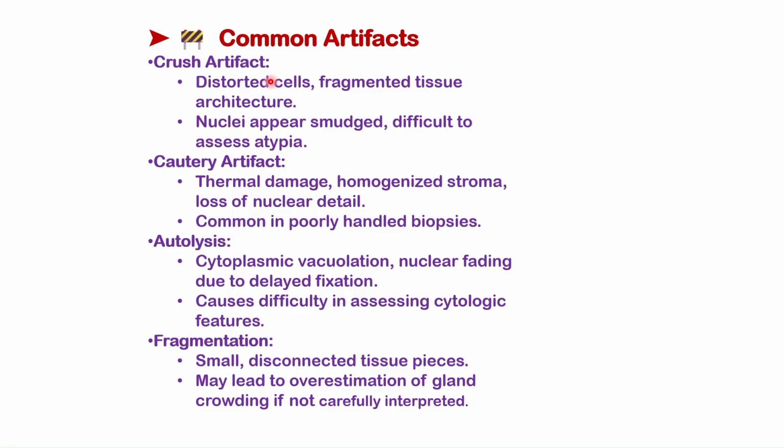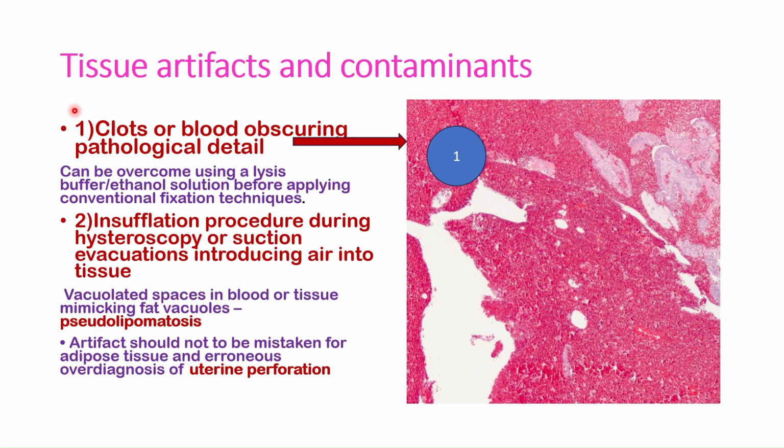Some common artifacts include blood clot artifact, pseudolipomatosis artifact, autolysis, and fragmentation. Let's see one by one. The first is due to presence of clots or blood obscuring pathological detail.